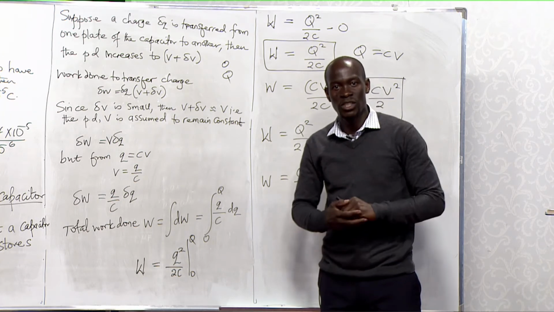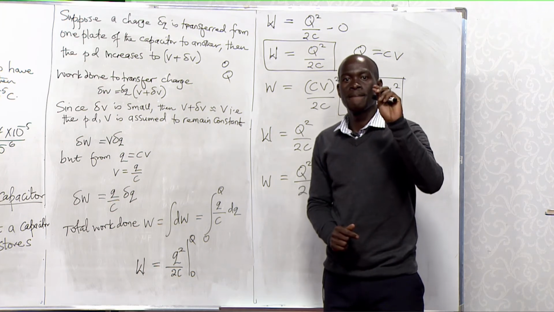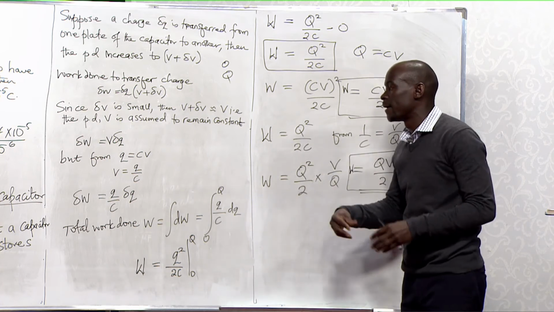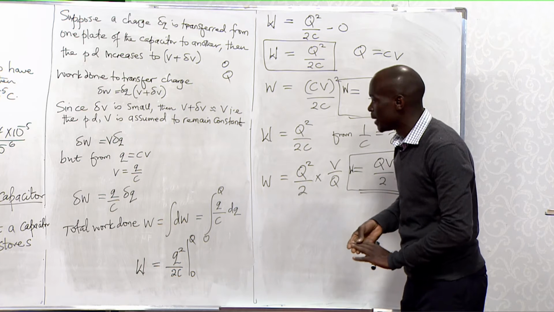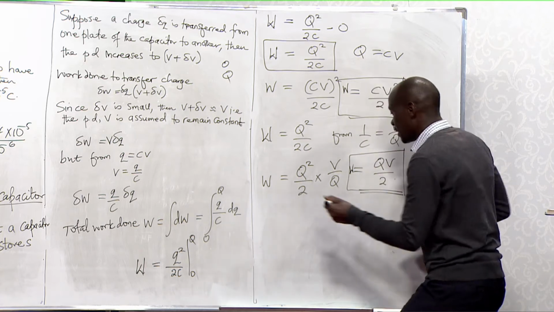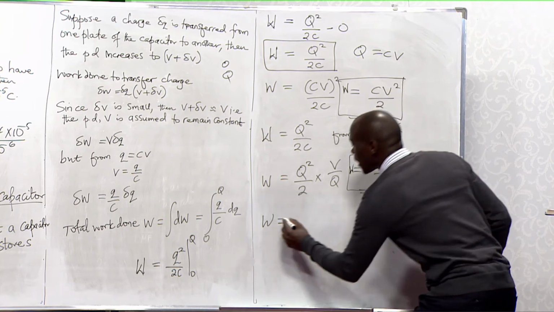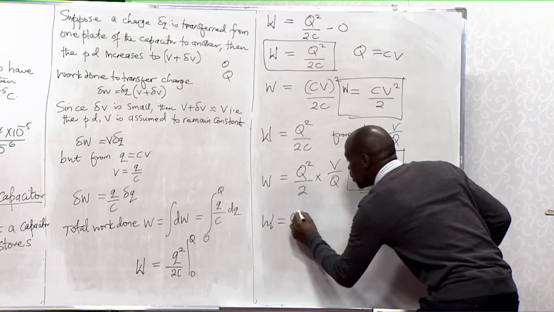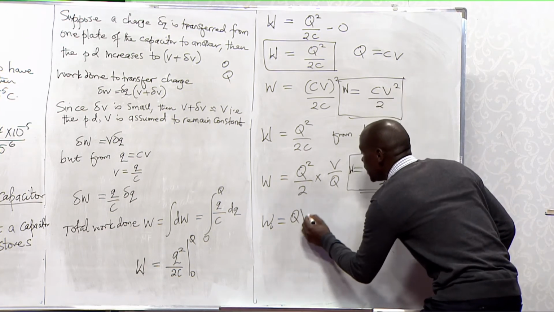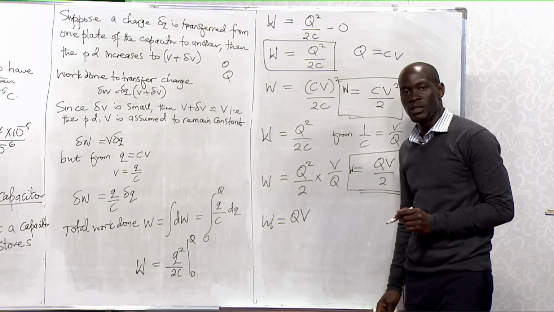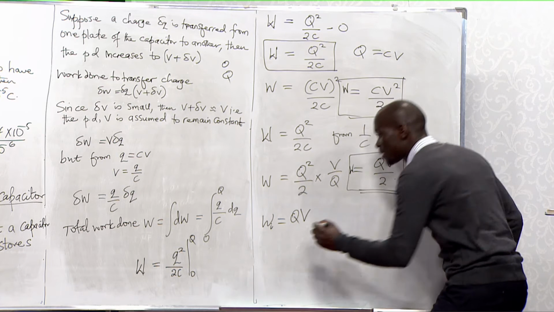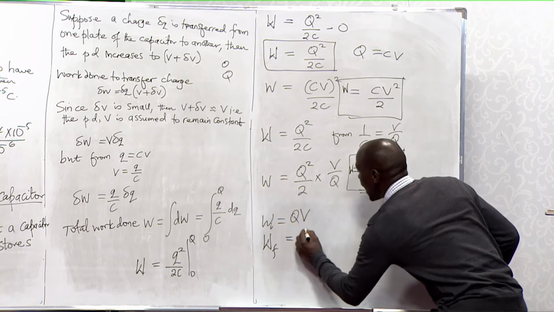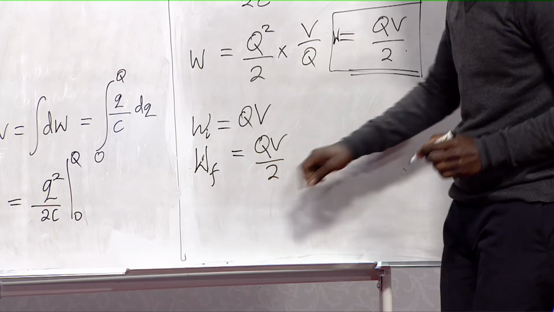So after it has stored charge, that charge, as it moves from one capacitor plate to another, is going to be stored in form of electrical potential energy. Now, when you look at the energy supplied, I can call it W_I, by the battery, you have Q, the charge which is transferred, times the PD across the capacitor plates. Am I right? Yes. Now, finally, we discover that the work done, which is our final energy stored, is a half of that because it is QV over 2.